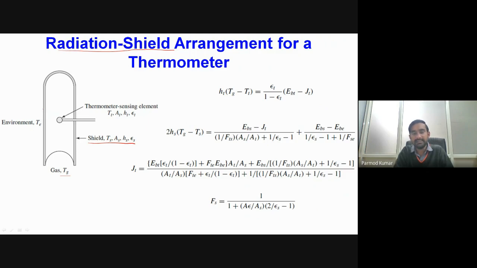Because here we consider the inner surface of this shield to be completely reflective. If this inner surface is completely reflective, then whatever radiation is emitted by this thermocouple will be sent back from the inner surface of the shield to the thermocouple surface.